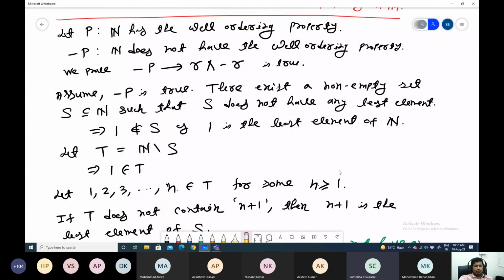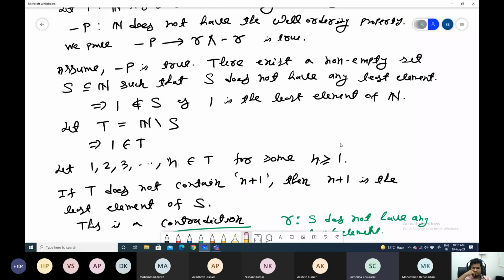But that's the second part. Now, we first proved that if T does not contain n plus 1, then that cannot be the case. We proved that first. The first contradiction we arrived at. Because for 1 belongs to T, if we assume that 2 does not belong to T, then 2 is the least element of S. We arrived at that contradiction first.